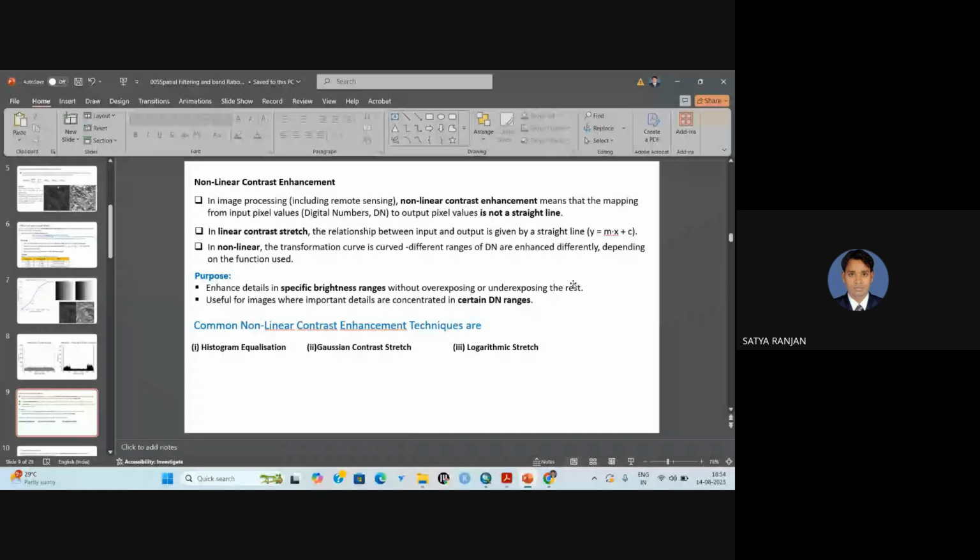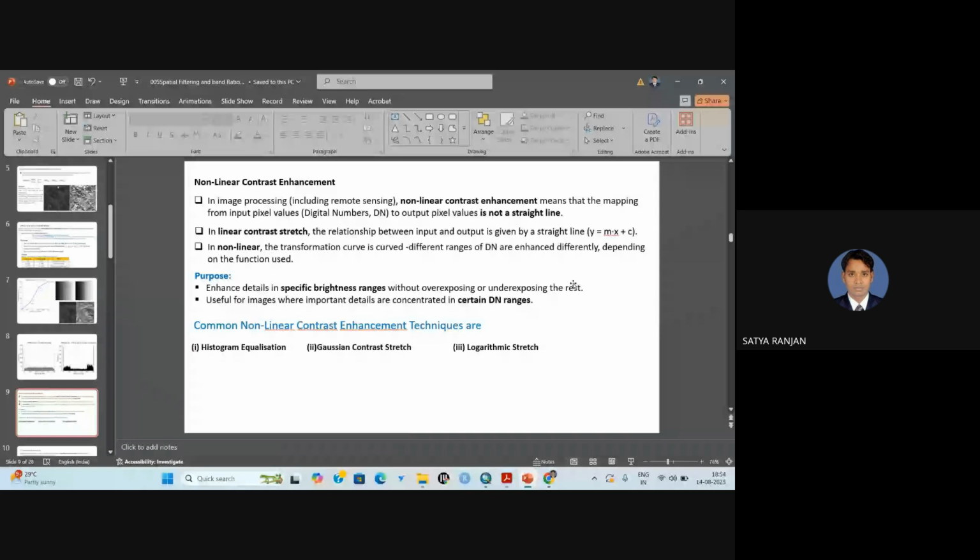In nonlinear, the transformation curve is different; different ranges of DN are enhanced differently. Different reflectance values are enhanced differently depending on the function used.